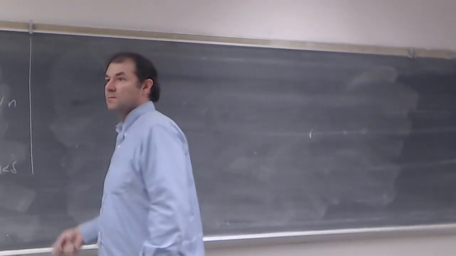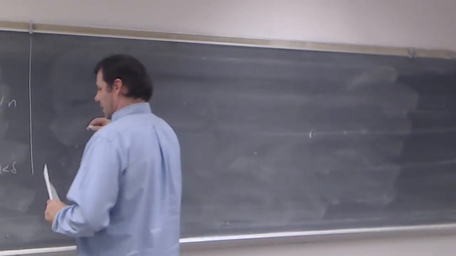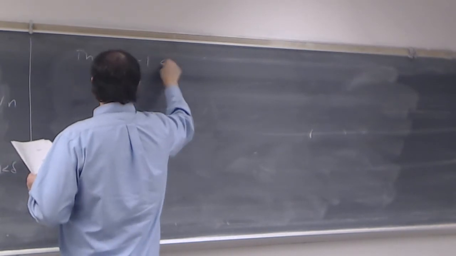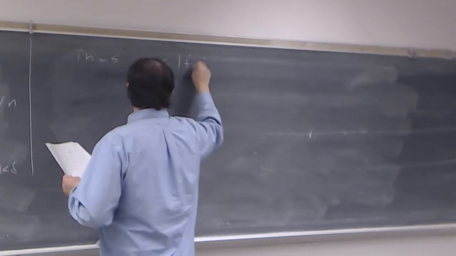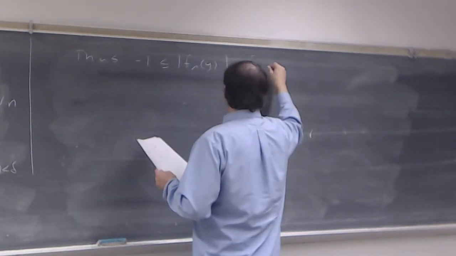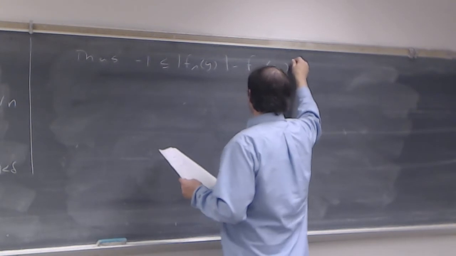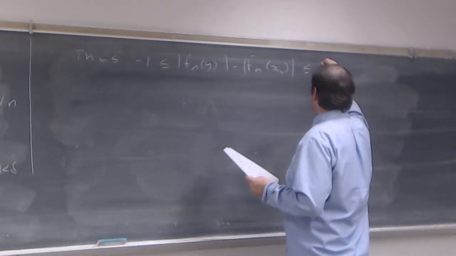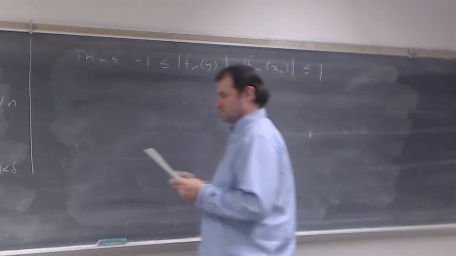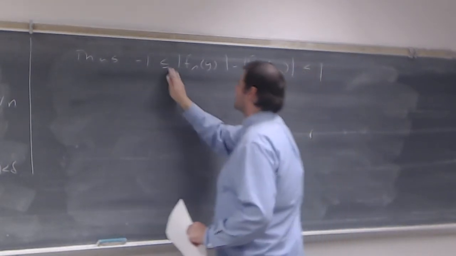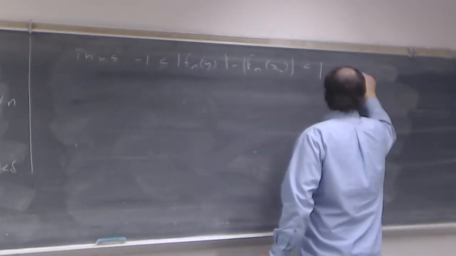Working with that inequality, we get that minus 1 is less than or equal to the absolute value of f sub n of y minus the absolute value of f sub n of x sub i, which is less than or equal to 1. And that's true for all n. And it's not less than or equal to, it's just less than. That's true for all n.